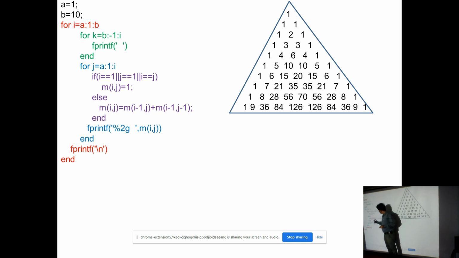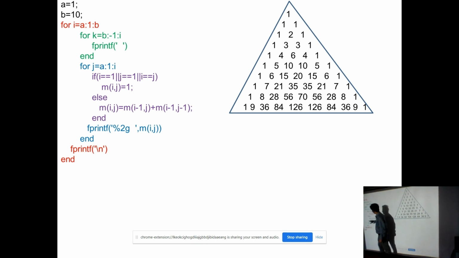So m of ij is equal to m of i minus 1 j plus m of i minus 1 j minus 1. So you can check any i and j, any number will be addition of the two. That is the logic. If that is not the case, it will go to else, it will do it. And ultimately it will print the n value.